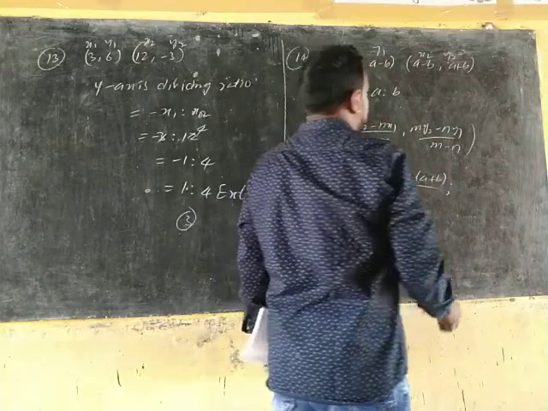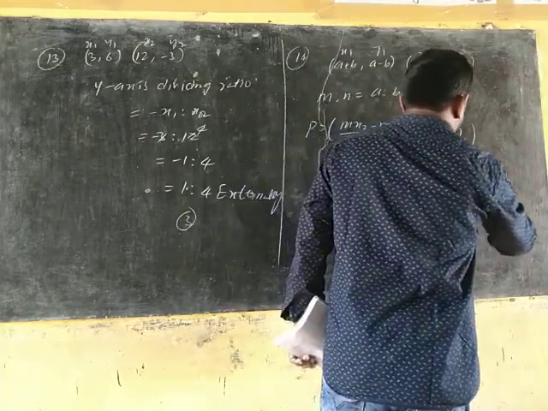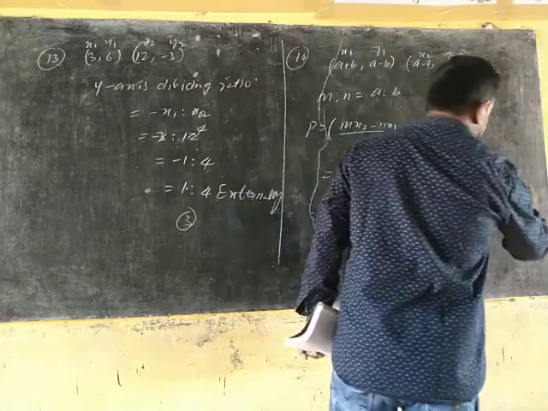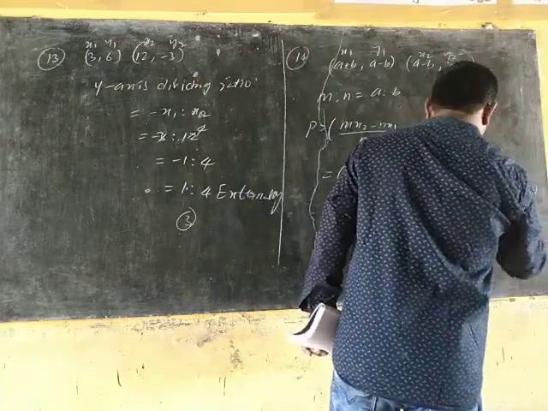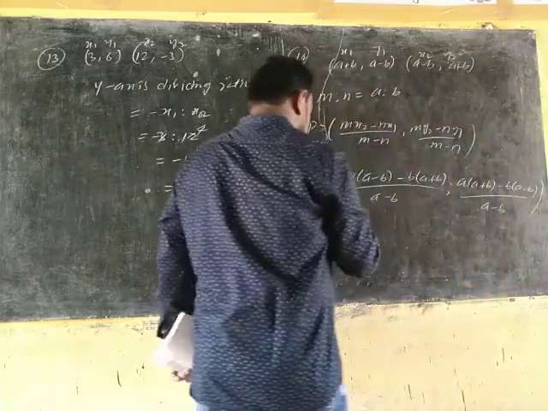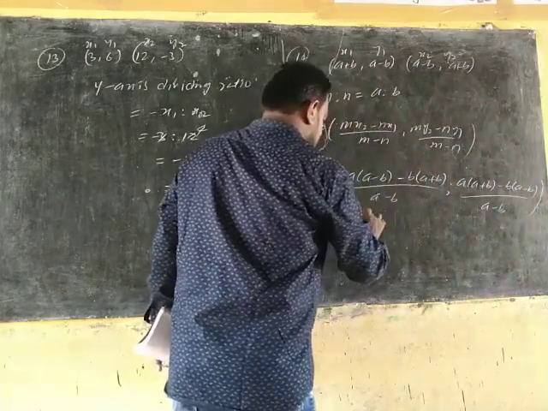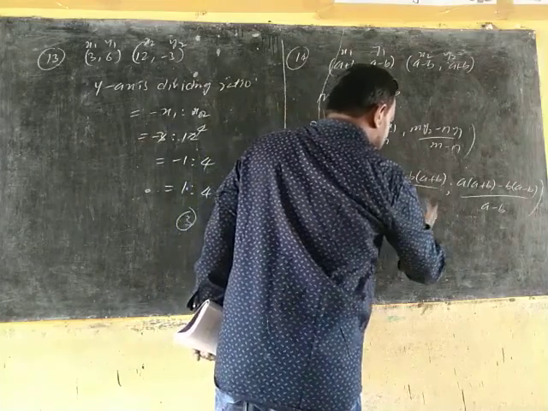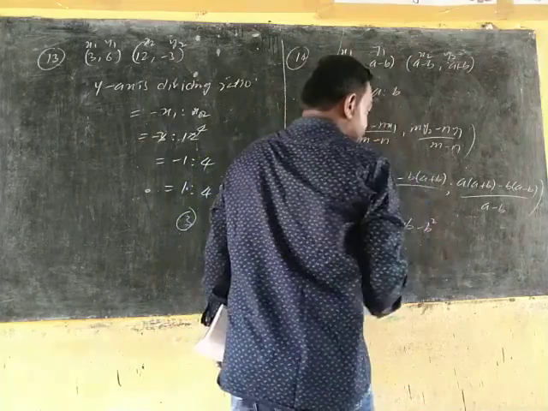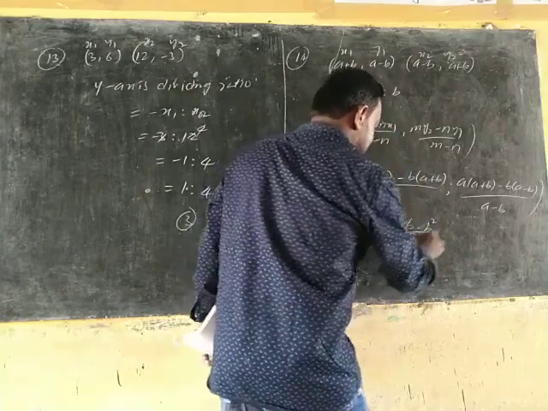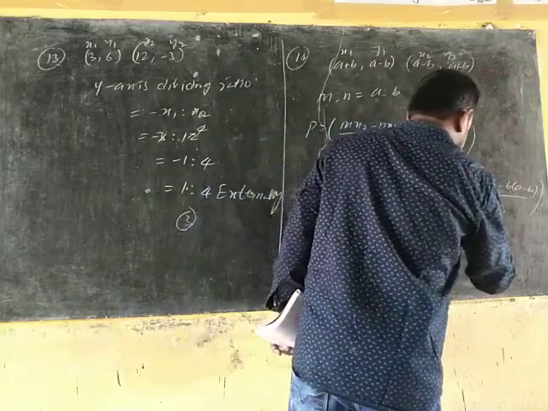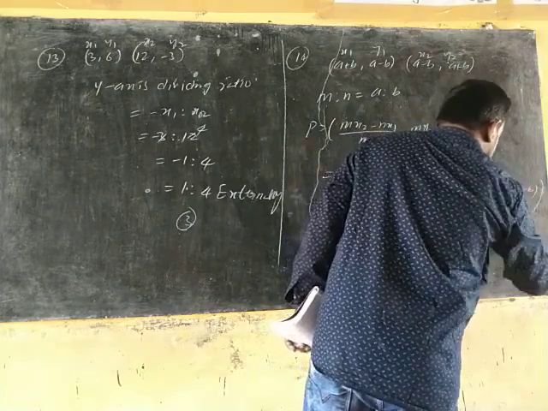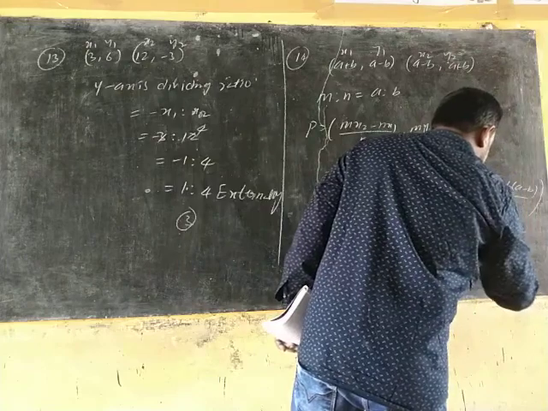Next, for y: a into a plus b minus b into y1, which is a minus b, by a minus b. This is equal to a squared plus ab minus ab plus b squared by a minus b. Next, a into a squared, a into b is ab, minus b into a is ab, minus b into minus b is plus b squared, by a minus b.